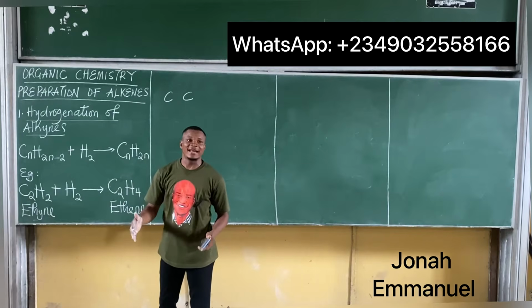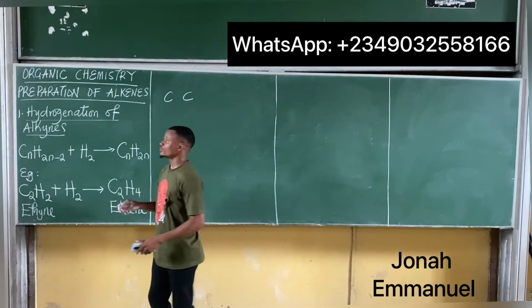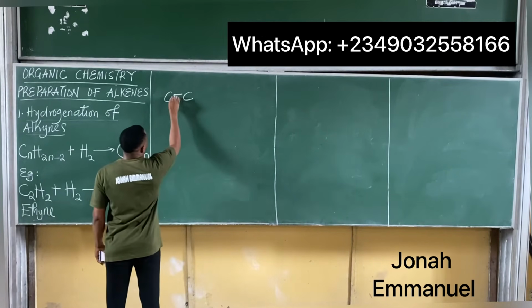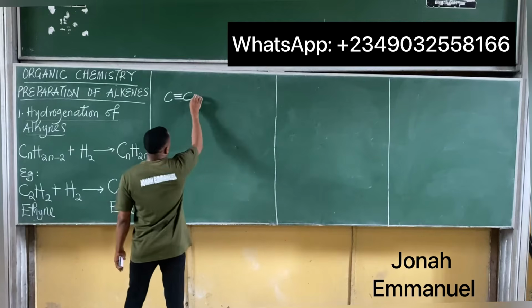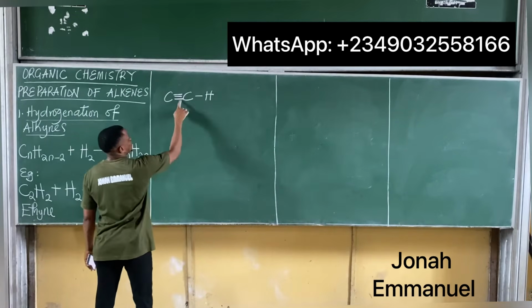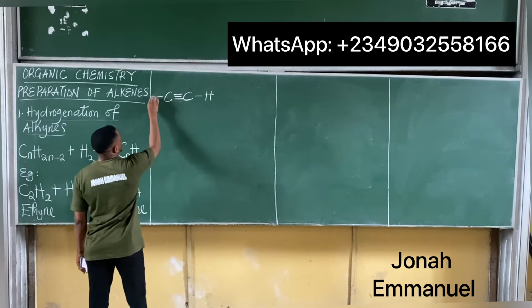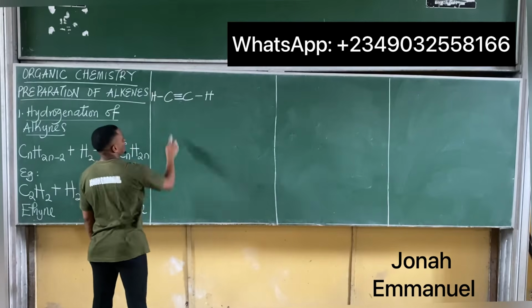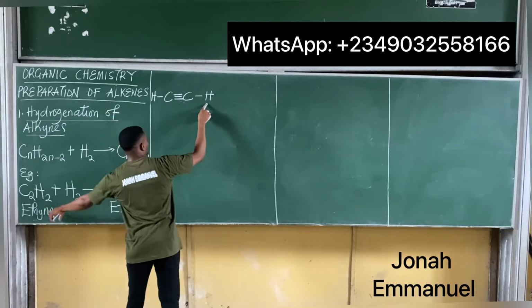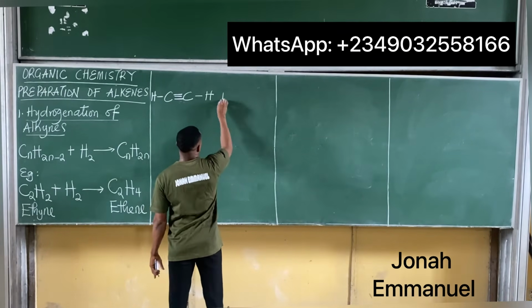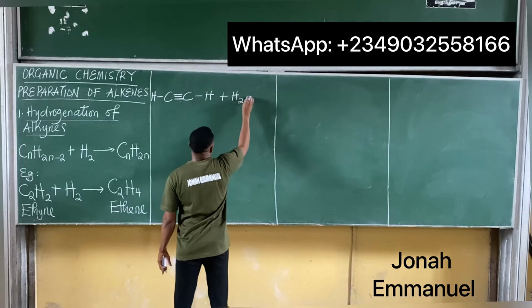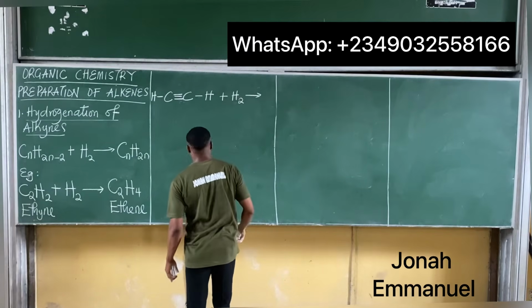For an alkyne, I expect what there? A triple bond. So it becomes 1, 2, 3. This one to H, 1, 2, 3, 4, balance. This one to H. So I'm having C2H2. That's this, plus H2, to give you C2H4.